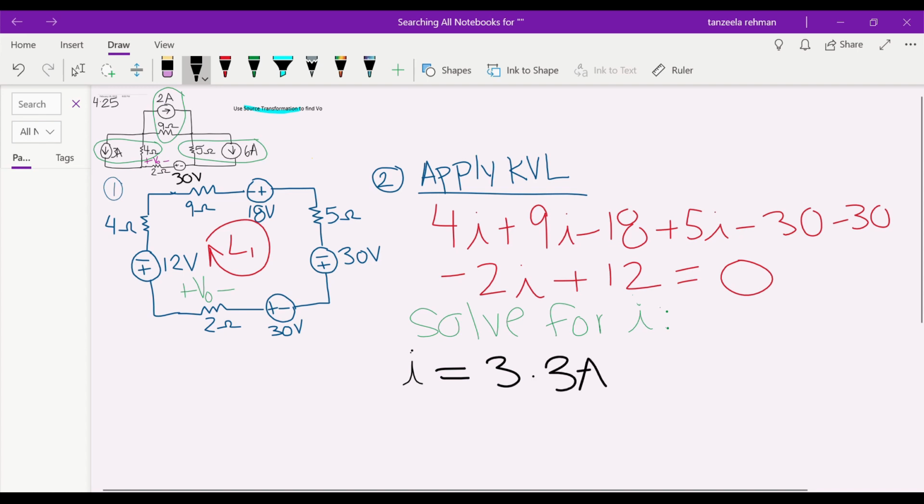So the actual direction of our current is as shown in this diagram, 3.3 amps in this direction.